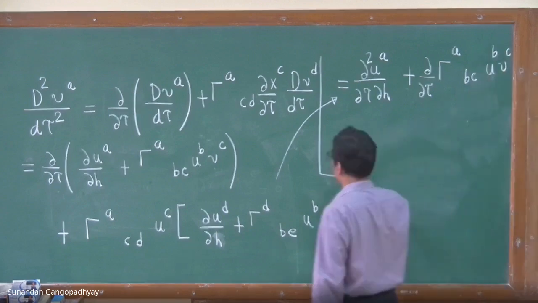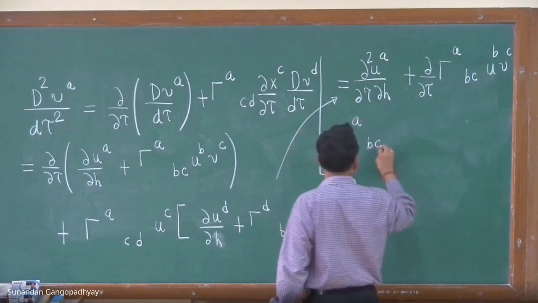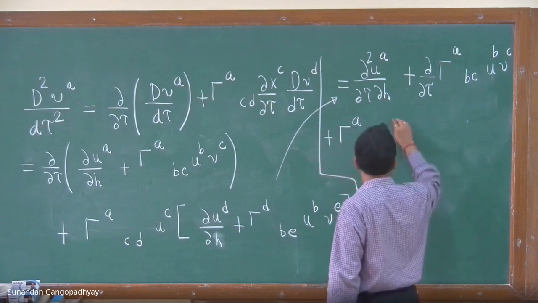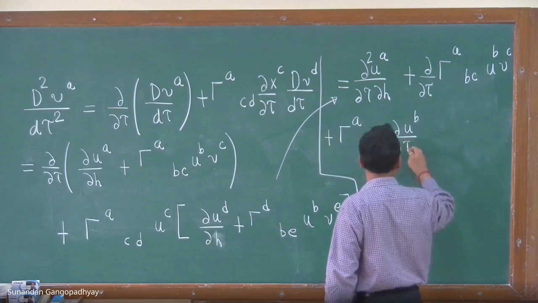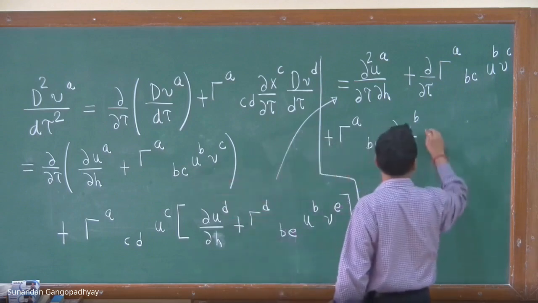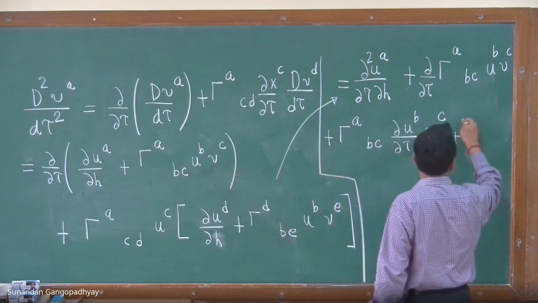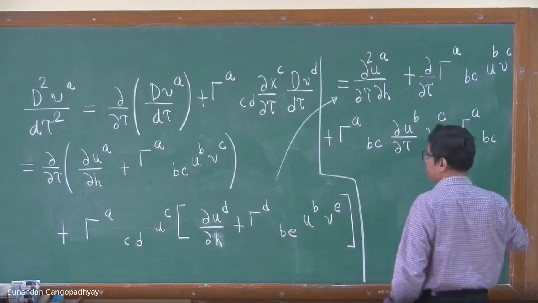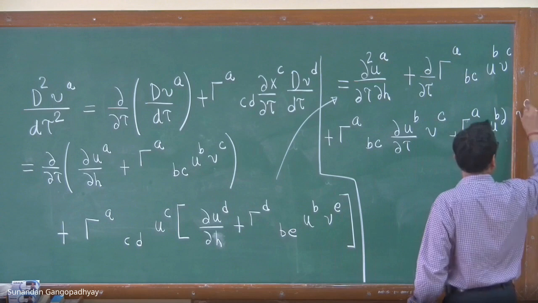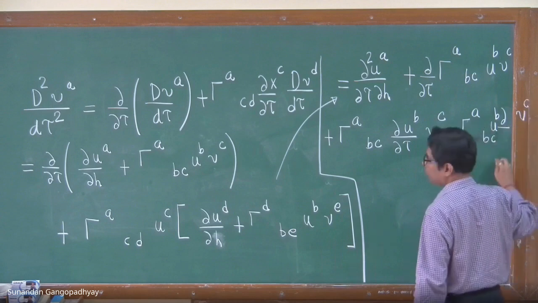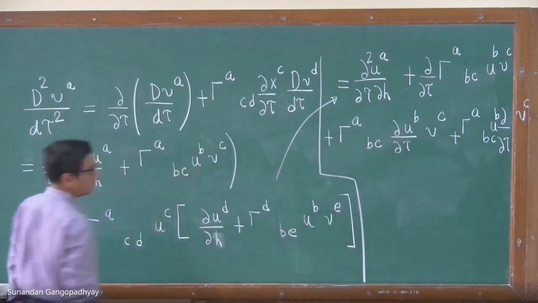So this is one term. Then we shall have plus gamma^A_BC del U^B del tau, so this now acts on U^B only, V^C, and then the third term it will act only on V^C. It will be gamma^A_BC U^B del V^C del tau. So all the three terms are taken care of.